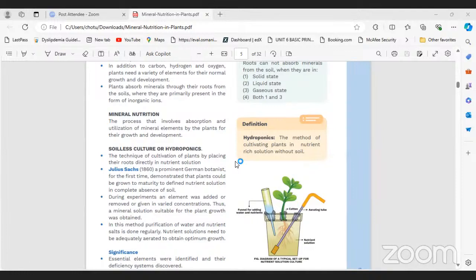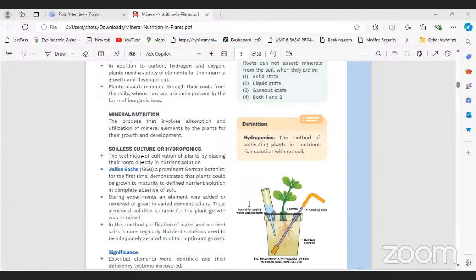This is the general role of minerals: constituents of the plant body, influence on the osmotic pressure of the plant cell, influence on the pH, influence on the permeability of the cytoplasmic membrane, toxic effect of mineral elements, catalytic functions, antagonistic or balancing function. These are the roles of the minerals.